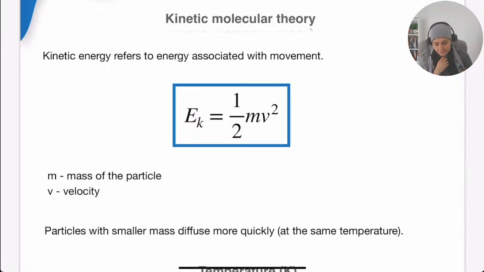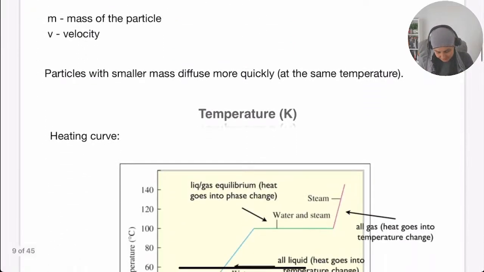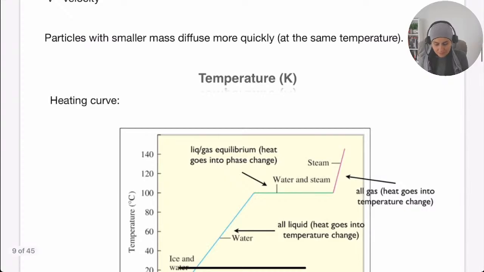So if you have a fixed temperature, then the particles with lower mass would move faster, and the particles with higher mass would move slower. That's what we can figure out from this equation. But again, I don't know what they might ask. We'll see when the exams are released. So particles with smaller mass diffuse more quickly. They move quicker at the same temperature.